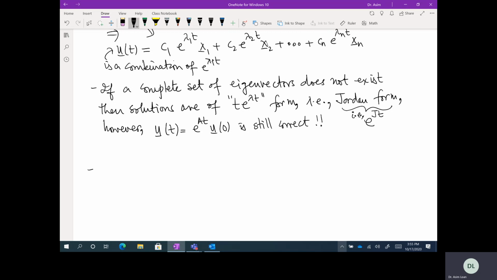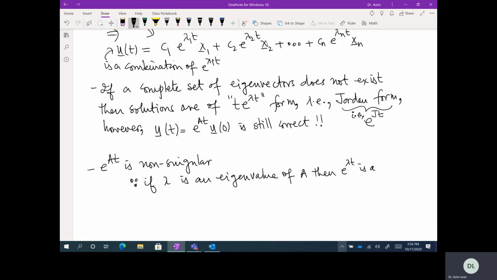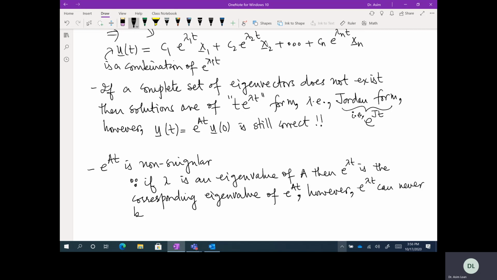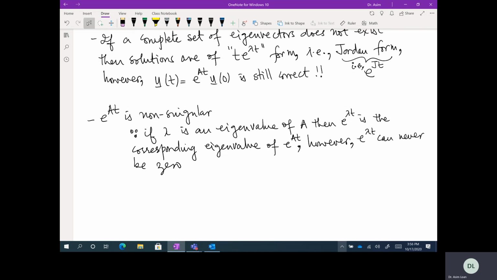Okay. e^(At) is always non-singular, because if λ is an eigenvalue of A, then e^(λt) is the corresponding eigenvalue of e^(At). However, e^(λt) can never be zero. So e^(At) is always non-singular.